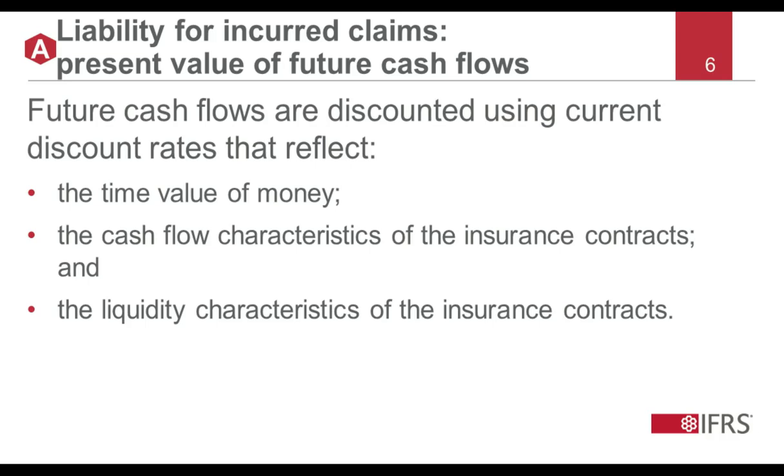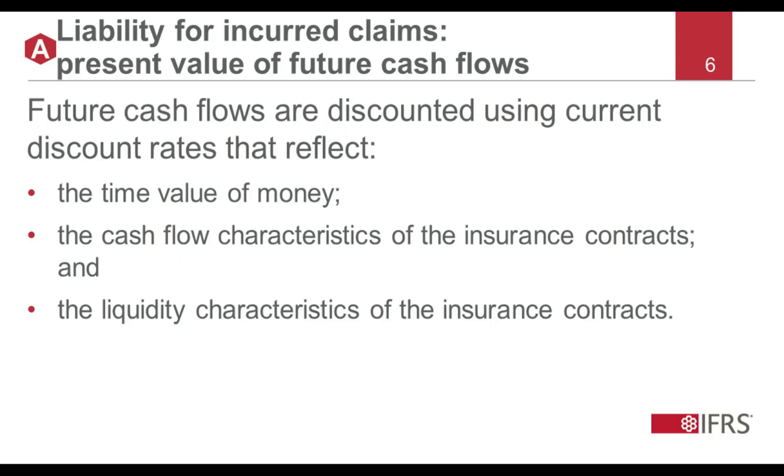Regarding the first component of the liability for incurred claims, the present value of the net cash flows. Which discount rate should bring those cash flows into present value terms? Using core requirements, the entity will account for the time value of money to reflect the timing difference between the occurrence and payment of claims.